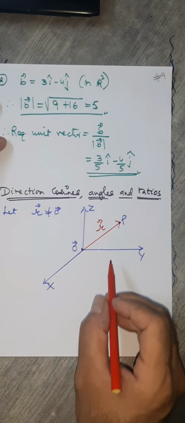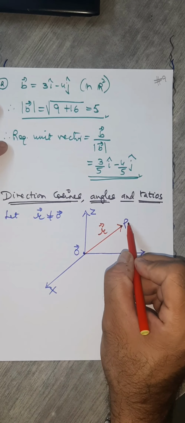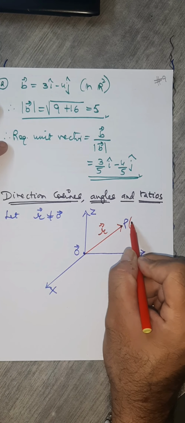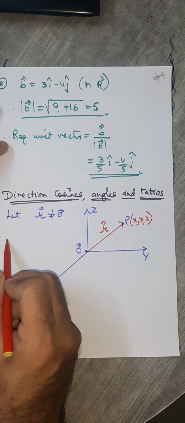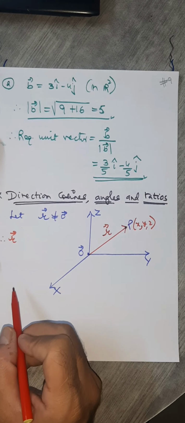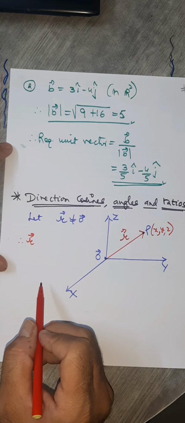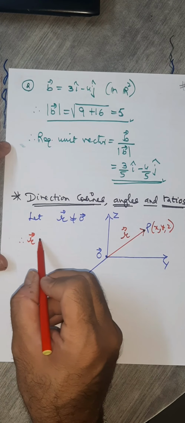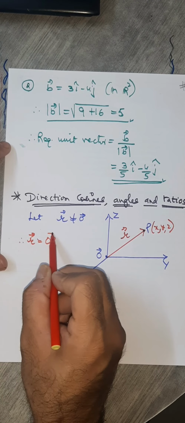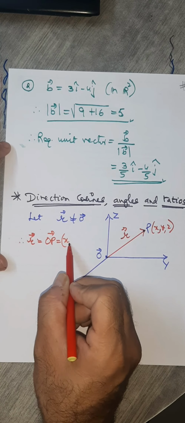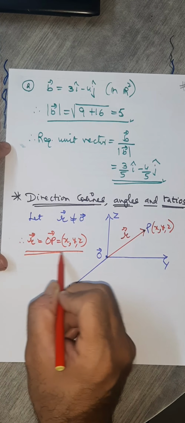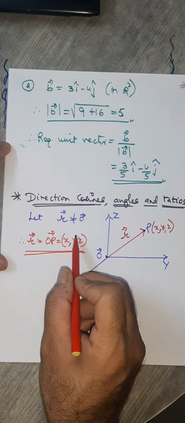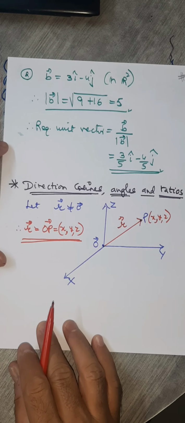Let me take the coordinates or the position vector of this as x, y, z. Therefore vector r equals vector OP, the position vector x, y, z. In short, vector r is x i cap plus y j cap plus z k cap.